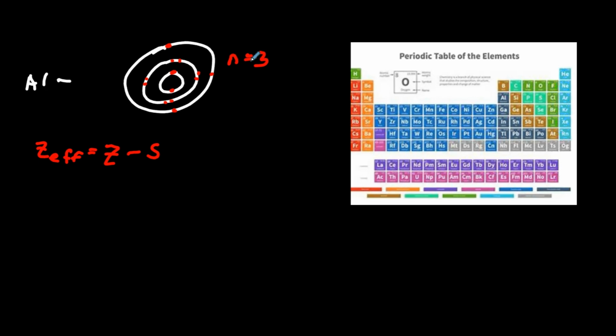So, we have a total of 13 protons, and we subtract the inside, 10 of them, 2 on the first energy level and 8 on the second. And then we get an effective nuclear charge of 3. So this is the answer.